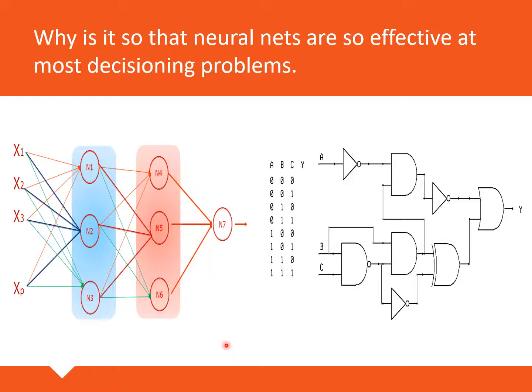So there has to be some measure of error in decisioning, and the neural network will try to minimize that error given the training data. By minimizing that error, it will estimate the weights connecting the input features to the neurons in the first layer, and another set of weights connecting the neurons in the first layer to the neurons in the next layer.